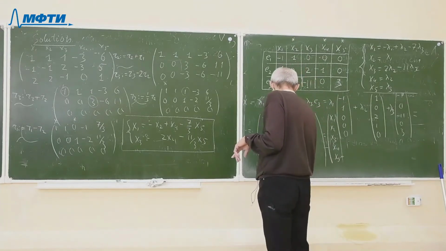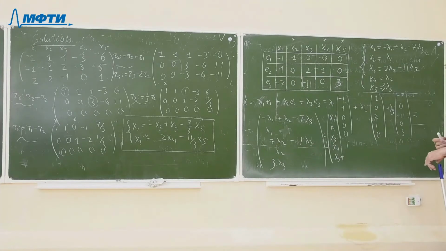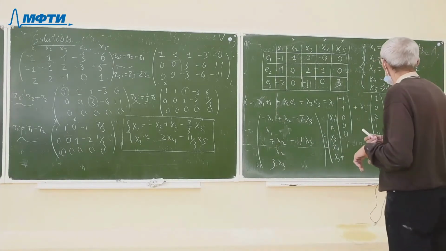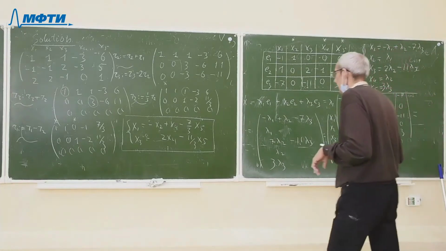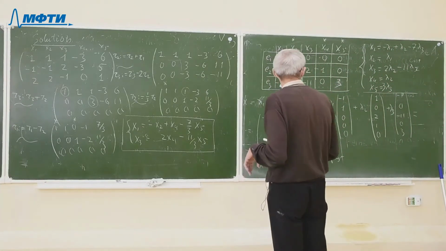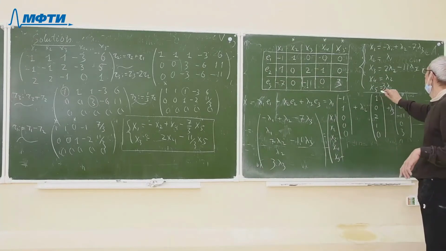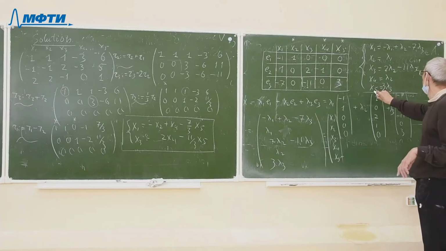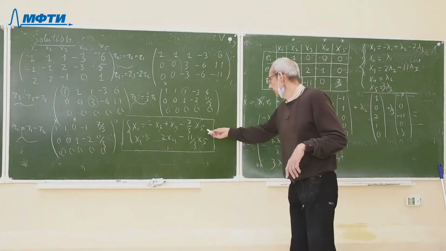It's 3 lambda 3. And if I put x5 equal to 3 lambda 3, lambda 3 is equal to x5 divided by 3. I put this in this equation.